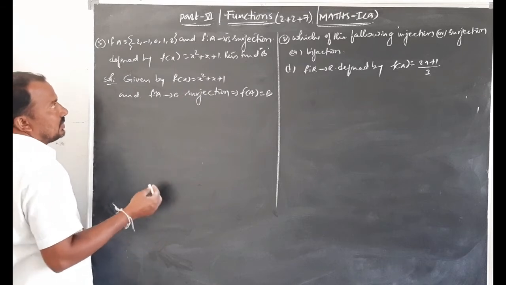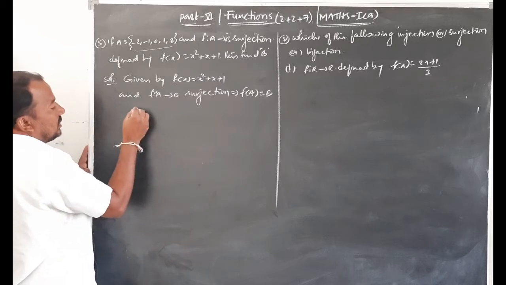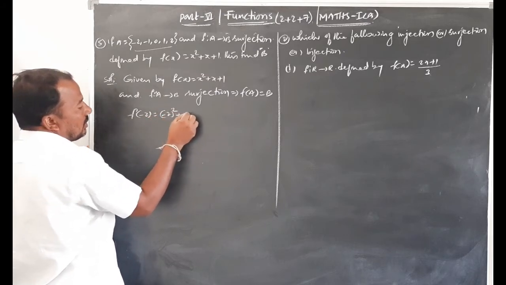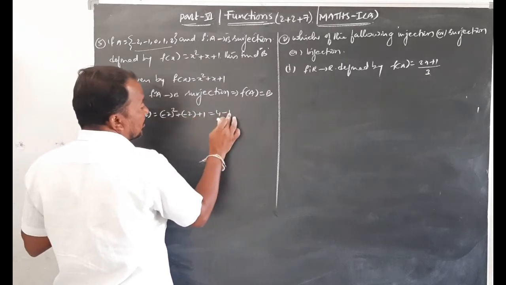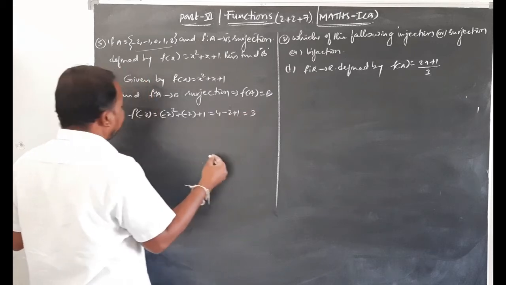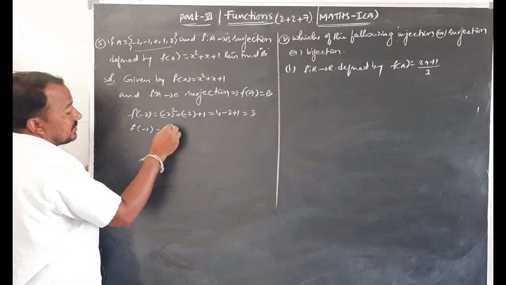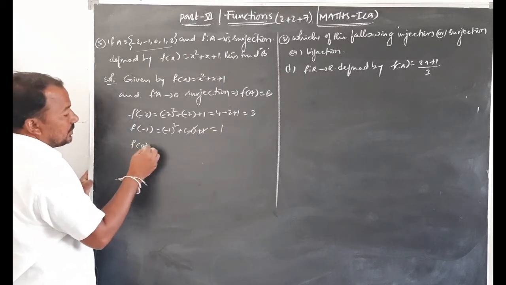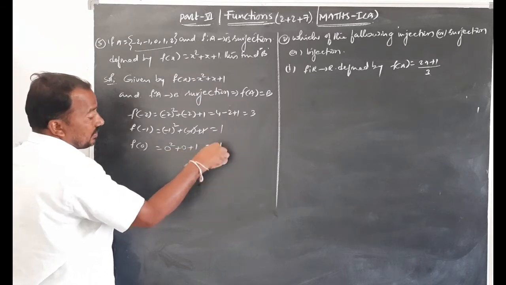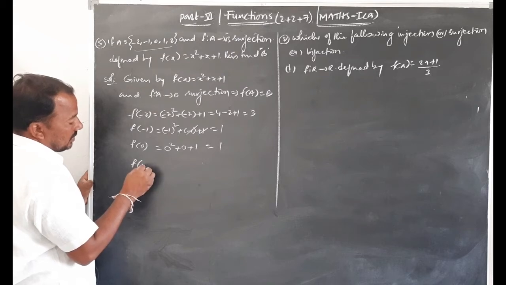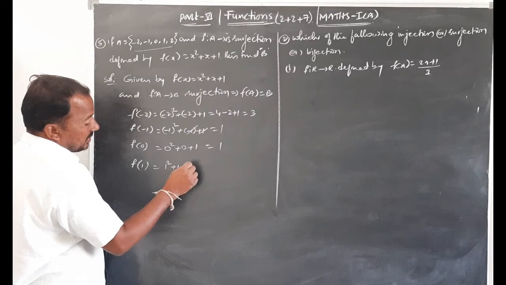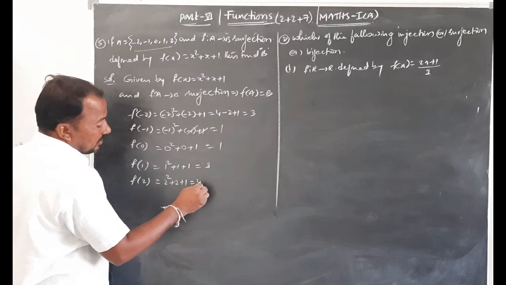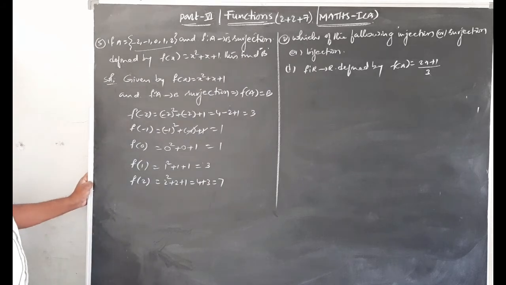First find the images of A. f of minus 2 equals (minus 2) whole square plus minus 2 plus 1, which is 4 minus 2 plus 1 equals 3. f of minus 1 equals (minus 1) square plus minus 1 plus 1 equals 1. f of 0 equals 0 square plus 0 plus 1 equals 1. f of 1 equals 1 square plus 1 plus 1 equals 3. f of 2 equals 2 square plus 2 plus 1 equals 7.